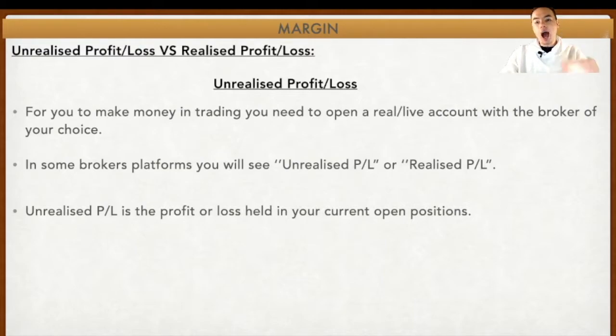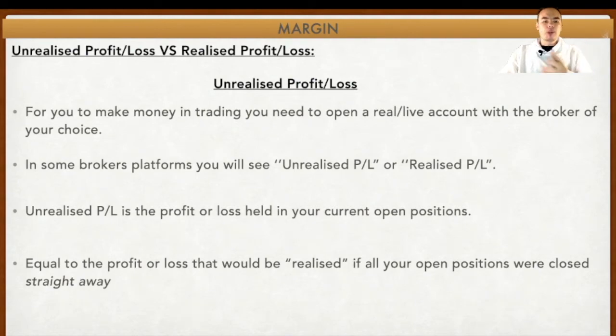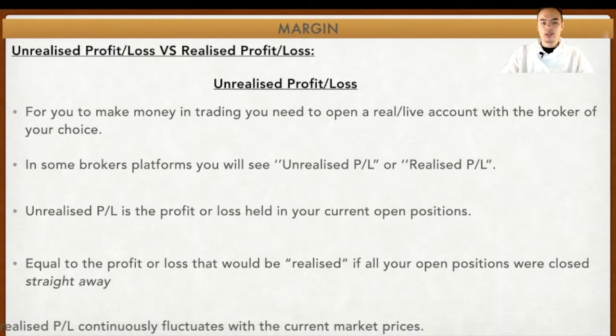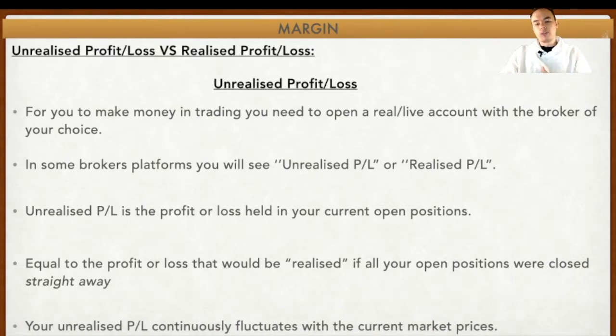So it is the open positions. It is what's running. If it's in the minus, it's your drawdown. It is equal to the profit or loss that would be realized if all your open positions were closed straight away. Your unrealized profit or loss continuously fluctuates with the current market price up until the point you close it automatically or manually.